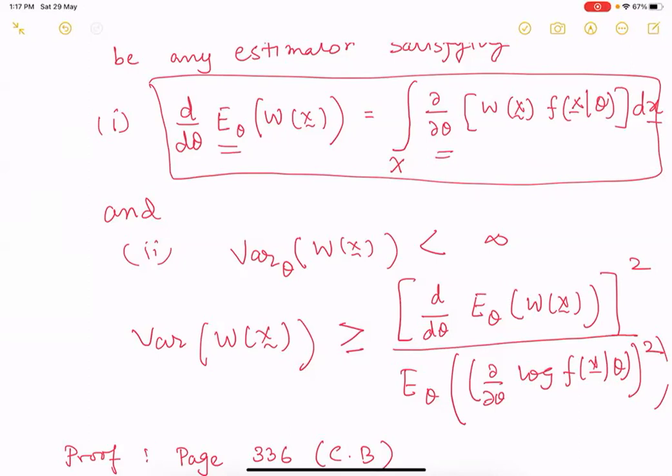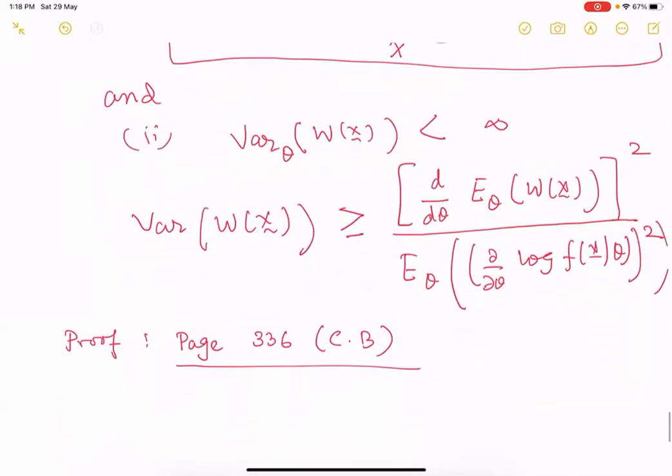This result is applicable to the class of distributions where, first of all, differentiation on the parameter space holds and integration also holds on the random space. That means it's a proper probability distribution and the order is not going to affect it. That's all it's talking about.